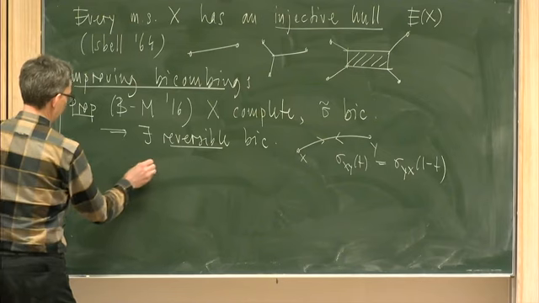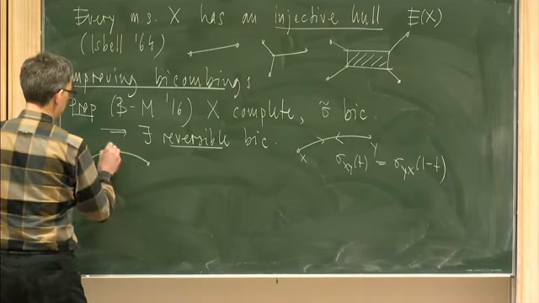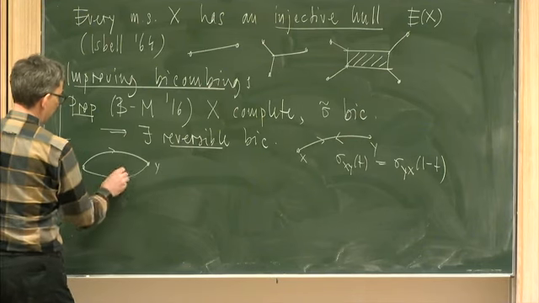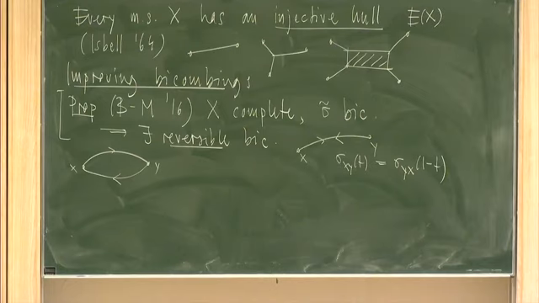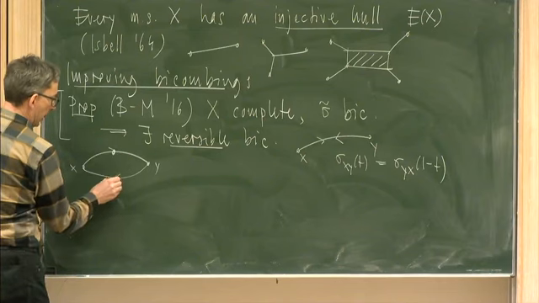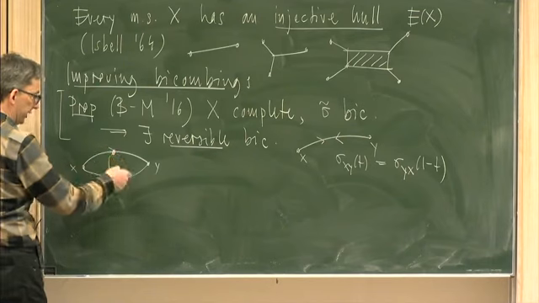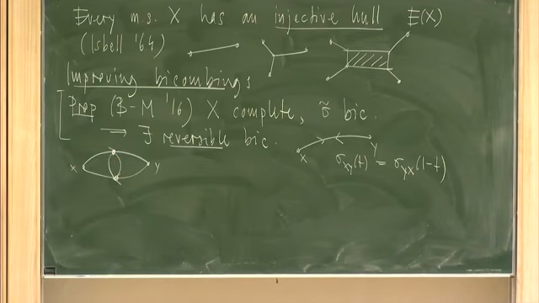You take 2 points. Here's the geodesic from x to y, and here's the geodesic from y to x. Now you take the midpoints and take the geodesic connecting the two midpoints. Looks like this.